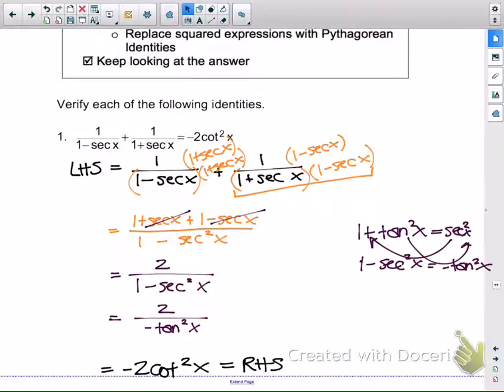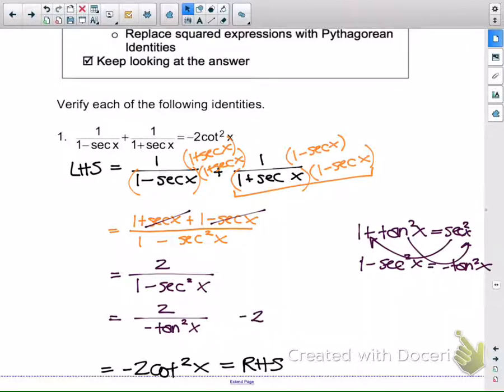Now we're getting there. If I'm looking at the answer here, I've got a 2 in it, I've got a negative in it. The only issue is I have a tangent squared in a fraction rather than a cotangent squared. So here's my question. Cotangent is defined as the what of tangent? Reciprocal. So if it's on the bottom, essentially here's how you are thinking about this.